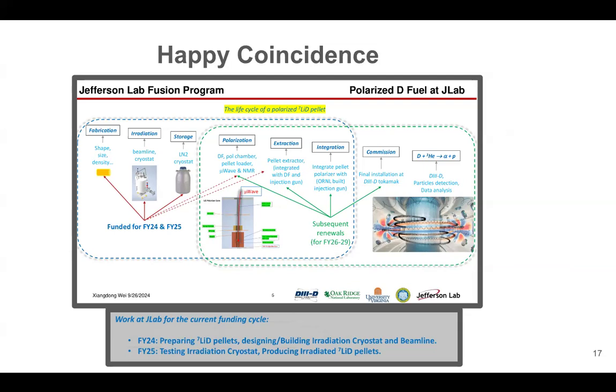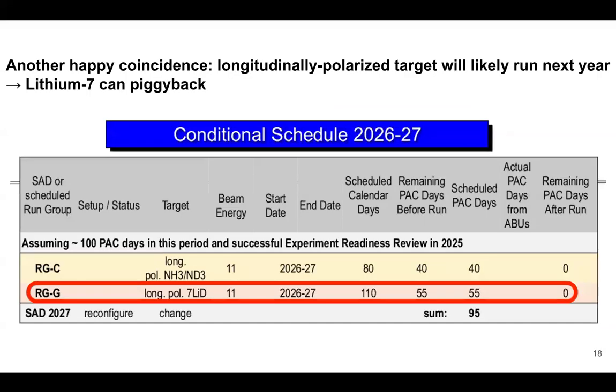They're going to produce this target, measure polarization, and then run that in a fusion experiment. So this year and next year, Jefferson Lab is making exactly what we needed, for completely orthogonal reasons. The point is, we are going to very easily get lithium-7 deuteride pellets that can be polarized. It's technically very difficult. You have to irradiate the material in order for it to have the magnetic properties you need in order to polarize it. Anyway, there is a lot of work going on. So we got the target.